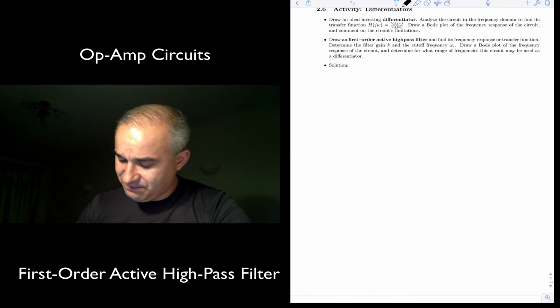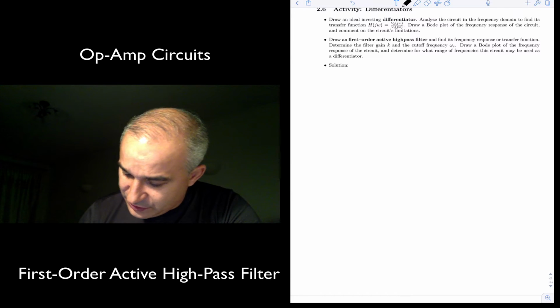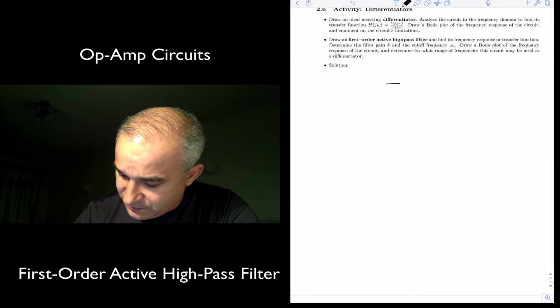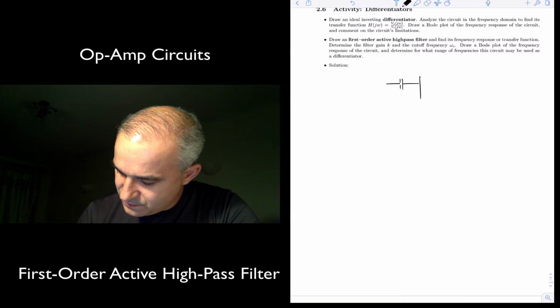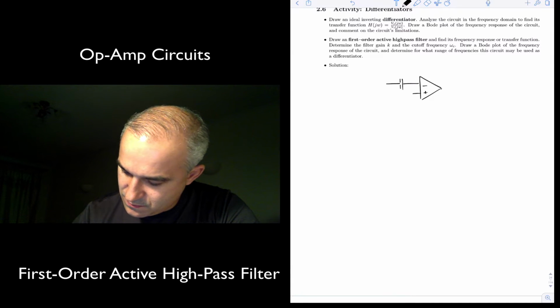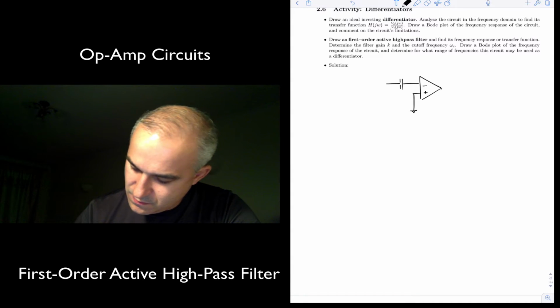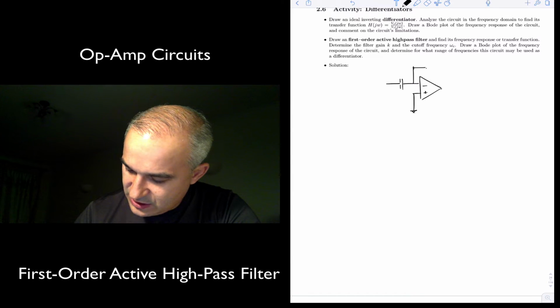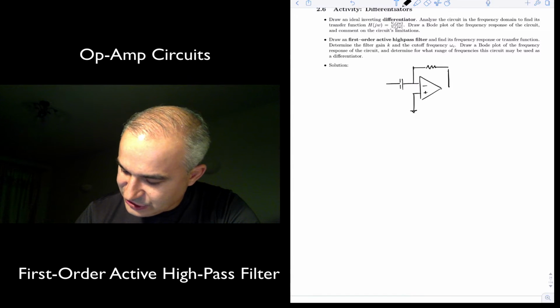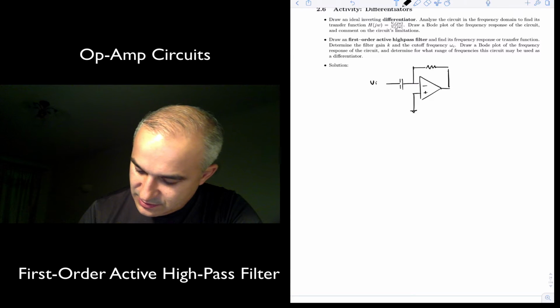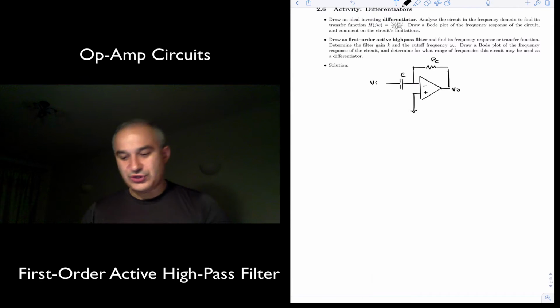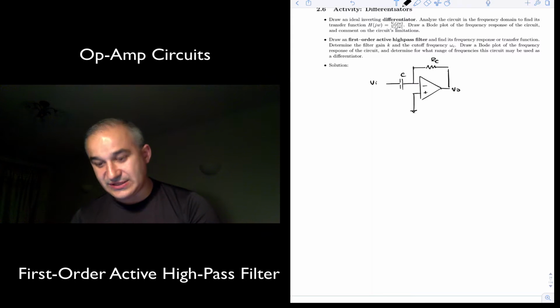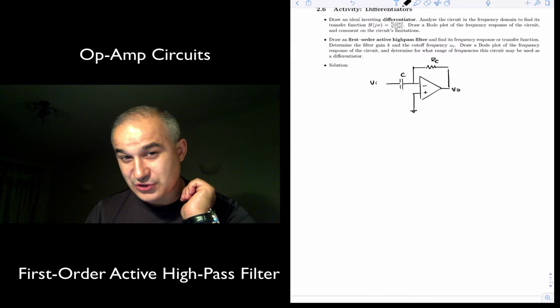So let's start with the integrator that we were working with. If you recall, the main issue that we had with the circuit was that at high frequencies, the capacitor becomes a short.